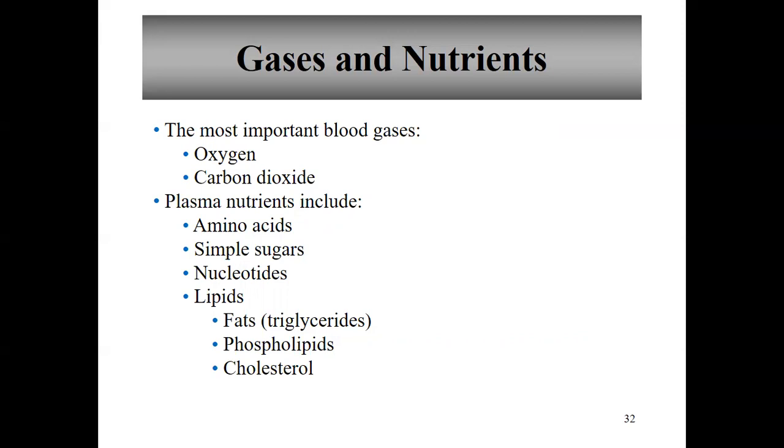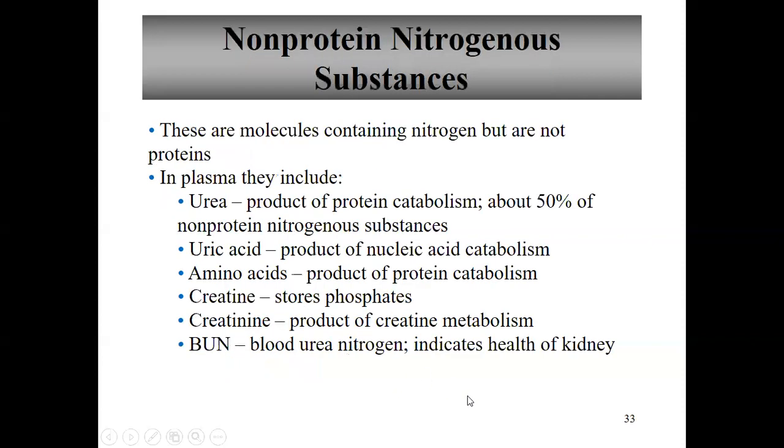Nucleotides are the building blocks of your genetic material, and lipid is the building block of fats and cholesterol. So all of these things are floating around in the plasma portion of your blood in order to transport it from one place to another so your body can have those items that it needs to survive.